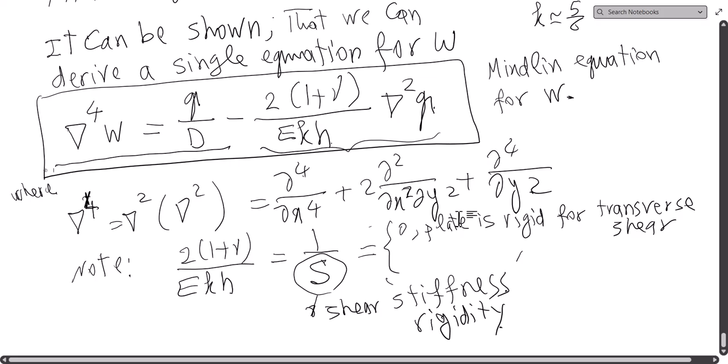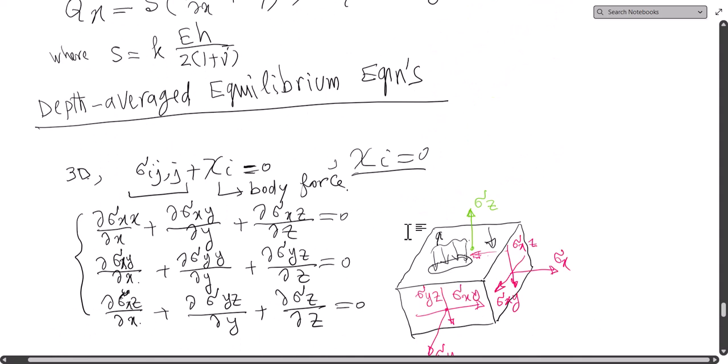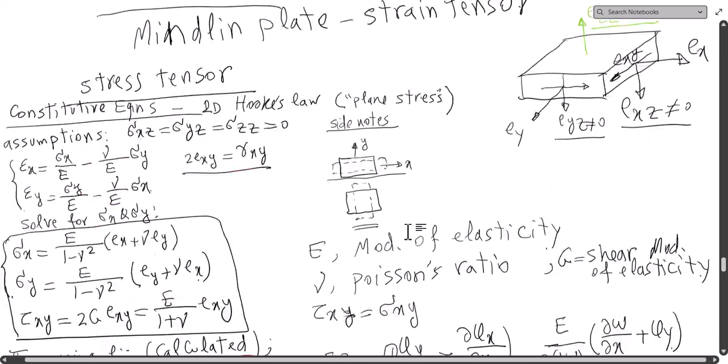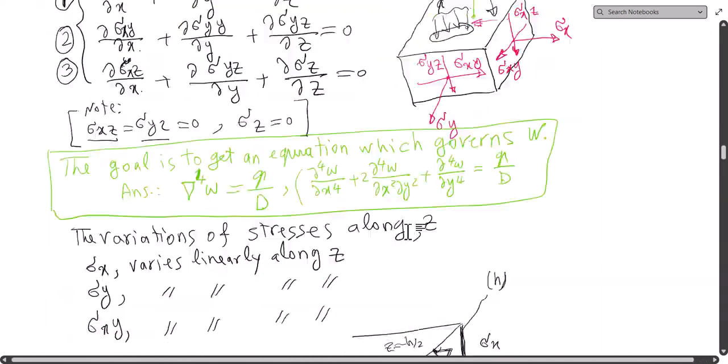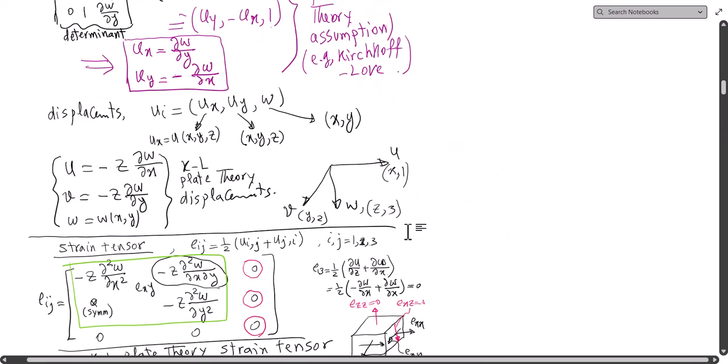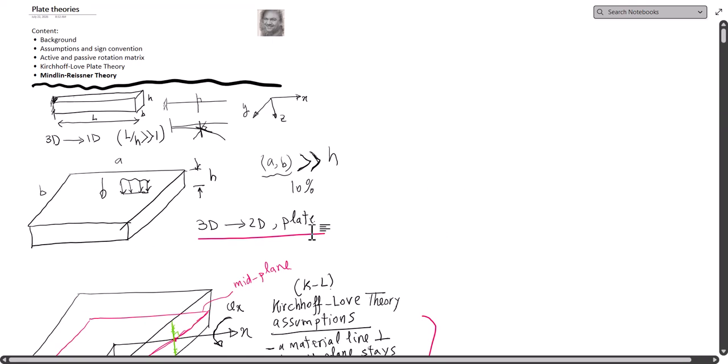So I hope this package, all of the videos, helps you understand plate theories and why we have plate theories. I cover two plate theories here, which are heavily used in practice.